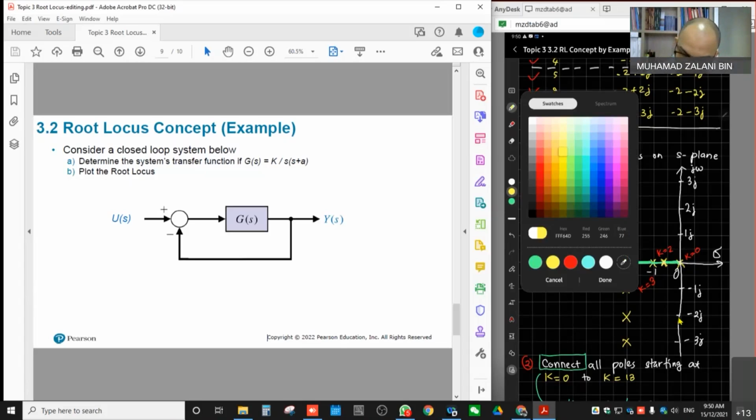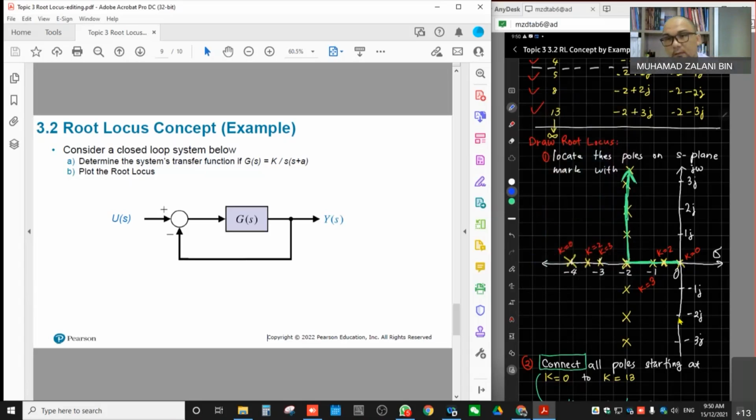Then I'm going to draw with blue color for the second locus, second line. Since we have two roots for S, suppose that we should have two lines. So we should expect two lines of the root locus. So the second one starts from the open loop pole of -4. Okay, toward that direction lah in this case. And then it will turn at -2, sambung ke arah bawah, sehinggalah sampai ke infinity.